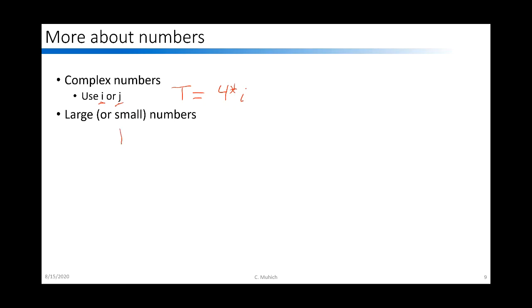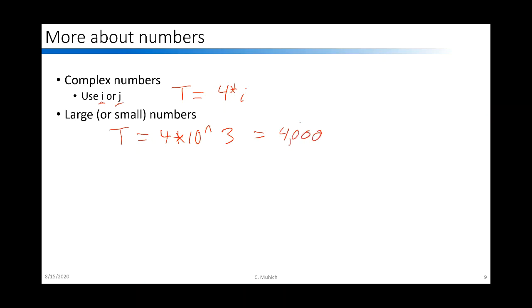Similarly, if we have really big numbers or really small numbers, MATLAB likes to store those in scientific notation. So we can put those in there as t equals, I don't know, 4 times 10 caret to the 3, and that will give us 4,000.